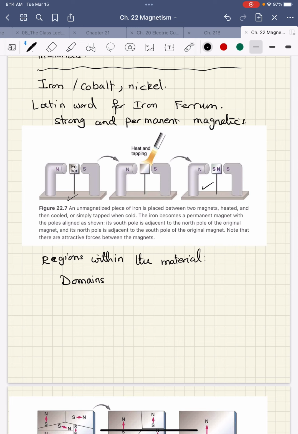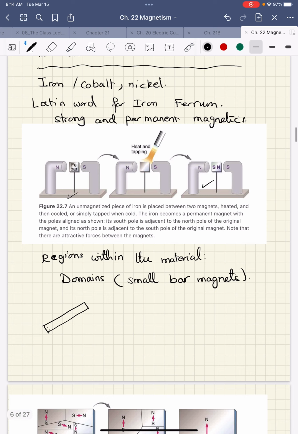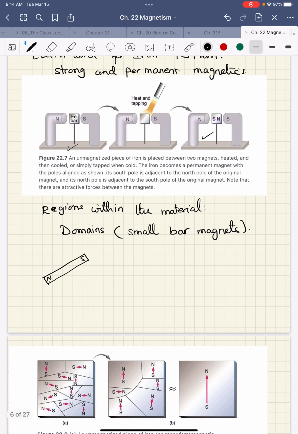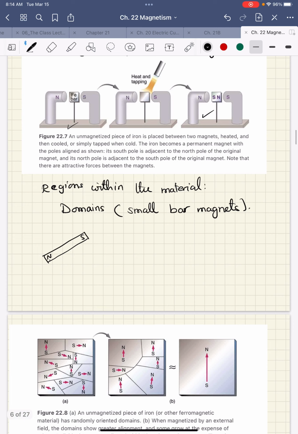These domains are as if they are really small bar magnets. Bar magnets are really something like this. These are like the domains, as if really small magnets existing in the material.